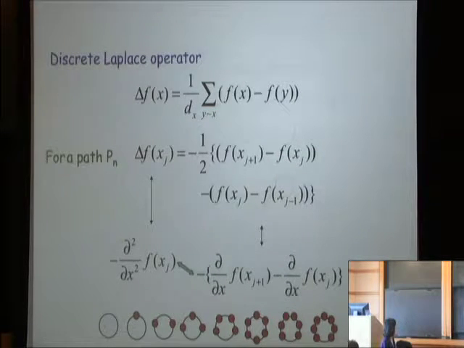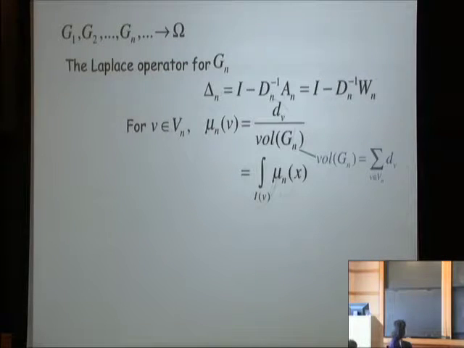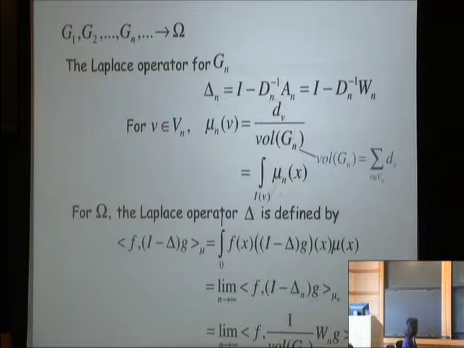So this Laplace operator for Gn, for a graph in our graph sequence, we basically take, for each vertex, we can define its measure, and extend it to the case of squares, little squares to the W's. And the limit is just taking the limit.